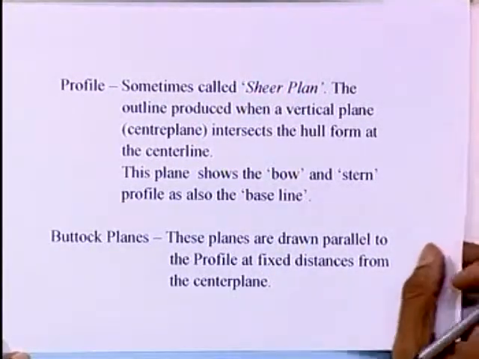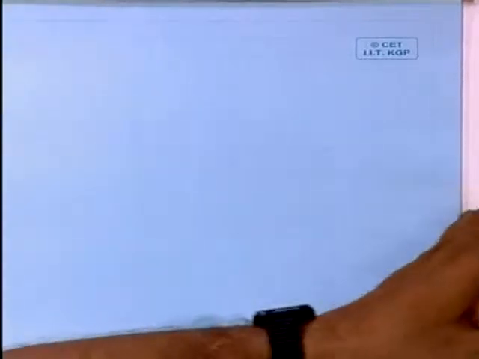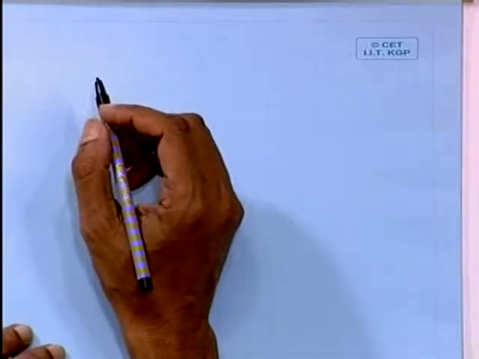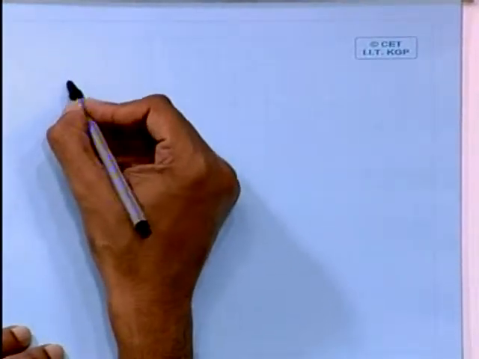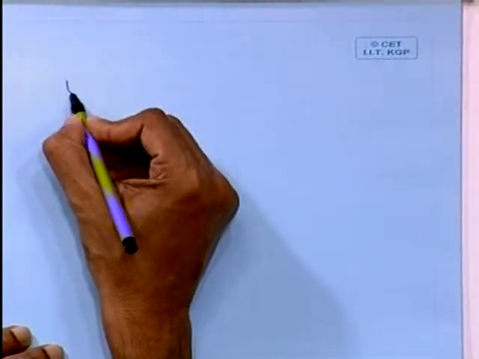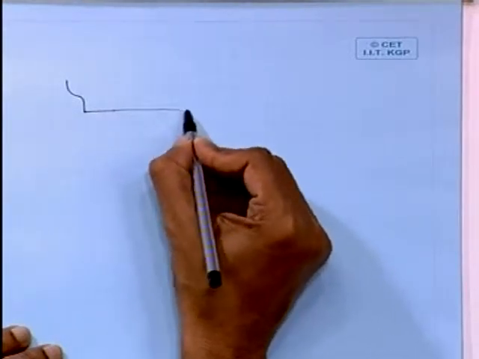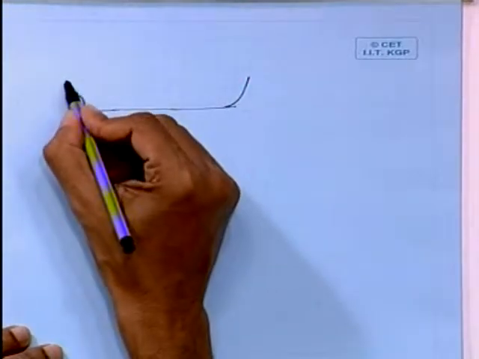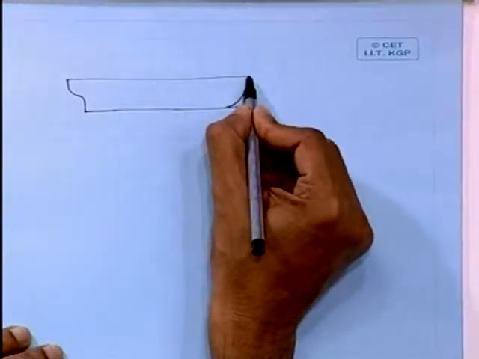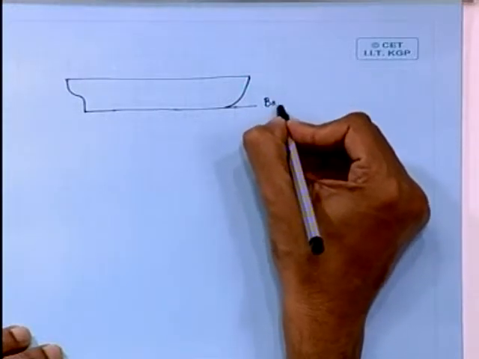Now the basic features of this sheer plan: it should show the boundaries of the ship. So this is called the baseline.